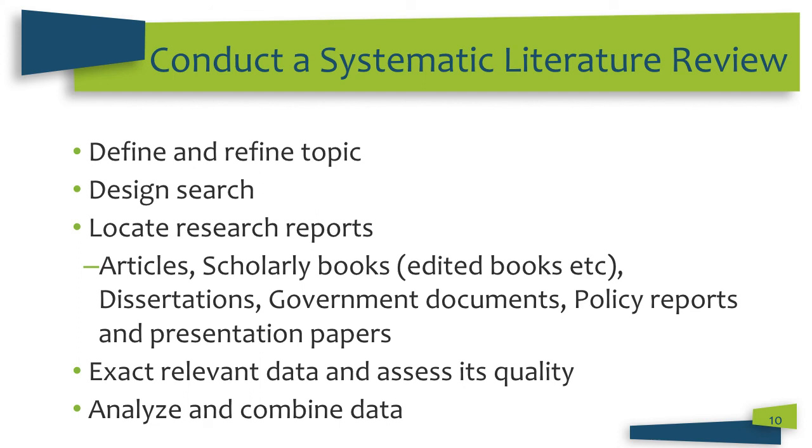Once you've done that, the next step would be that you would extract relevant data and assess its quality. If it is good enough by the standards that you've set earlier in the design search part, then you should analyze that data and combine that data to form a coherent literature review.